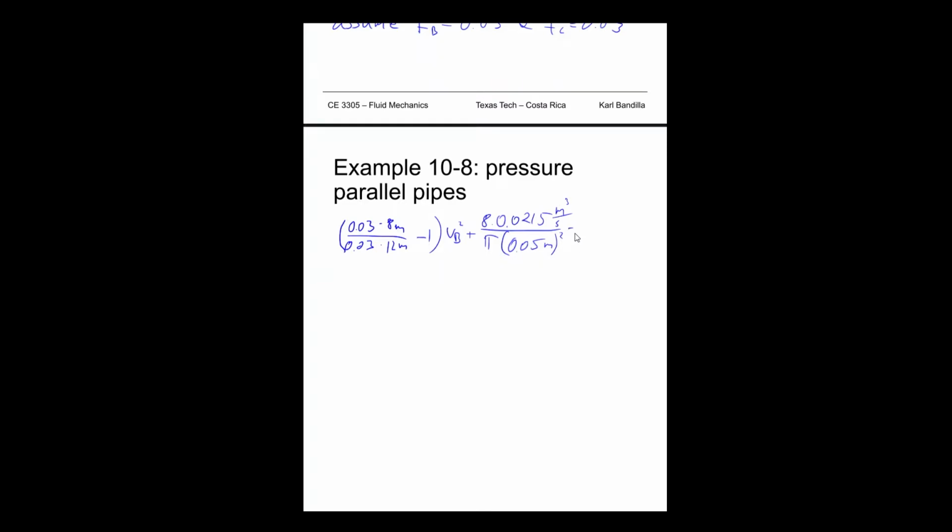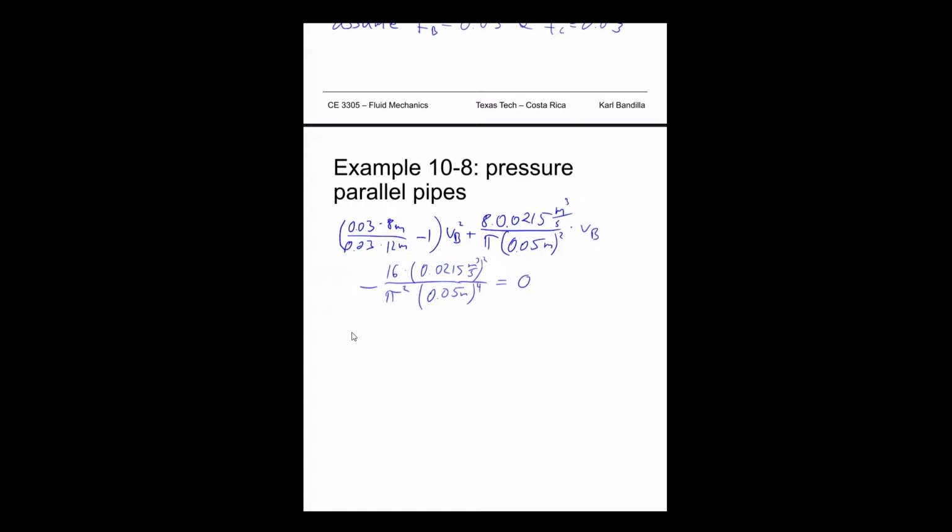Let's see if we can sneak that in here. Oh, no, I don't think we can because we still need to multiply this by VB. So I'll continue down here. So minus 16 times Q squared, so 0.0215 cubic meters per second squared, divided by pi squared, and DC to the fourth, so 0.05 meter to the fourth, equal to 0.